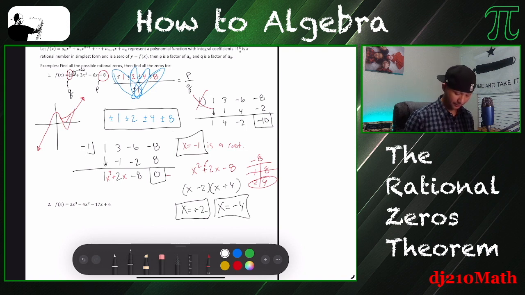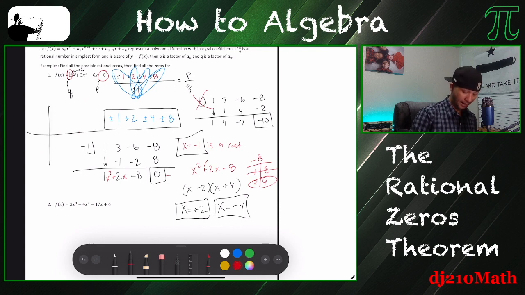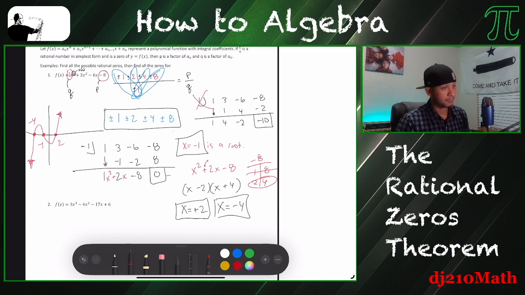So the picture's kind of off. What's happening is that it comes up, comes down, back up, at -4, -1, and 2. It's kind of interesting if you ask me.